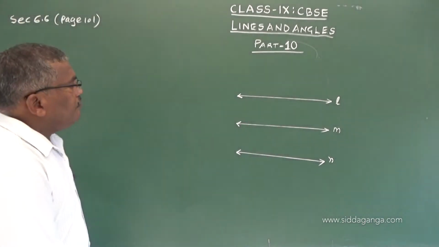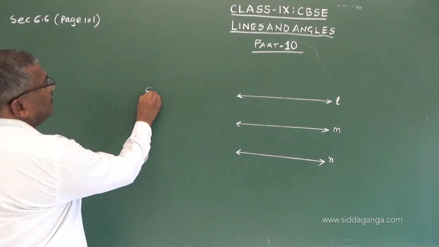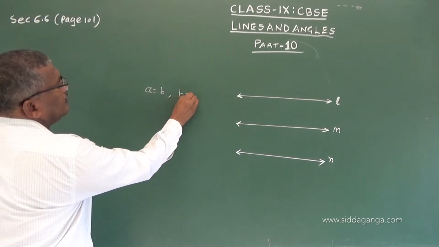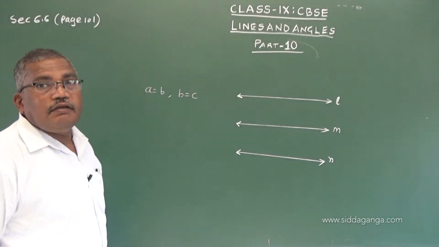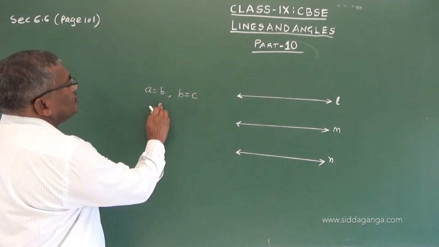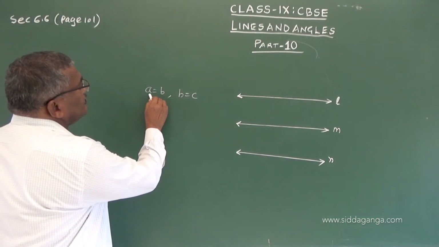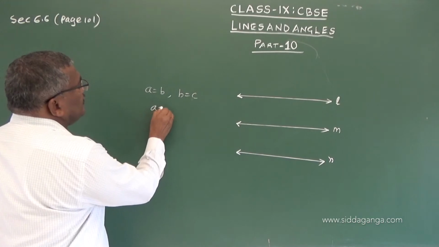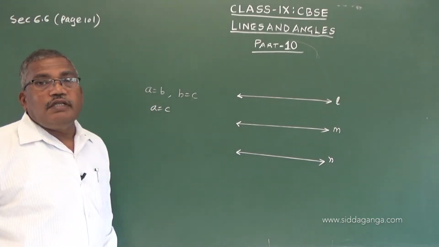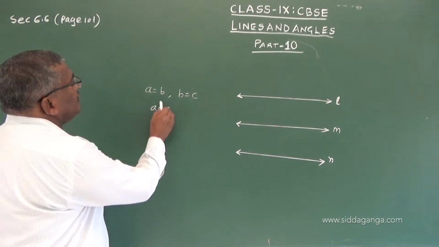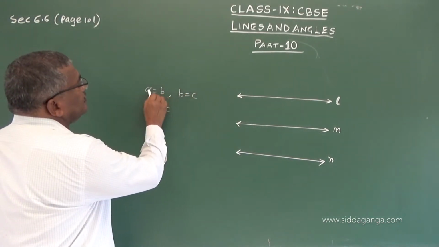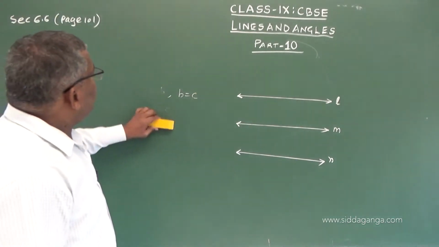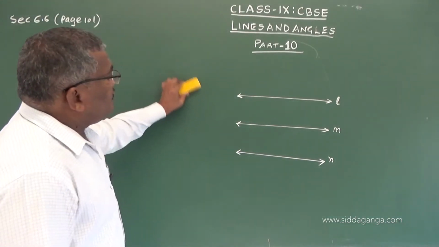It is the same thing as, suppose we have A equals B and B equals C. Then we say A equals C. Here both are equal to one thing.